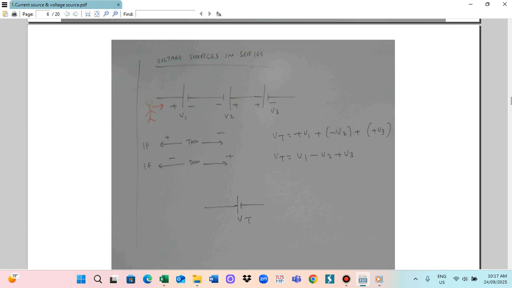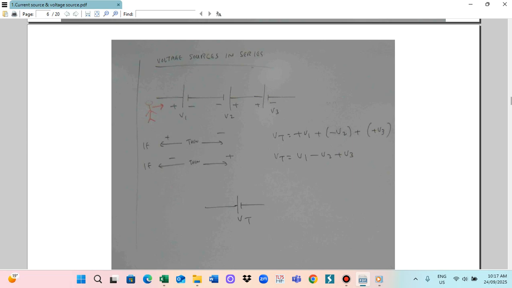And similarly, we can also calculate the voltage sources in series. So these are the voltage sources V1, V2, and V3, with polarities positive, negative, negative, positive, positive, negative.